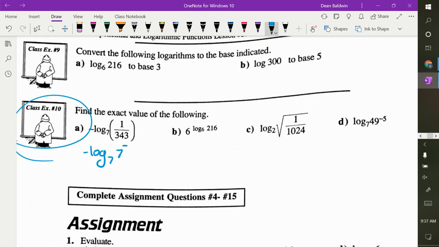So it's 7 to the negative 3. What's my answer? Positive 3 because you have a negative in front. That becomes negative 3. So you just get 3. B, you don't even have to do anything. What is the answer? 216, because this base and this base match. Done.